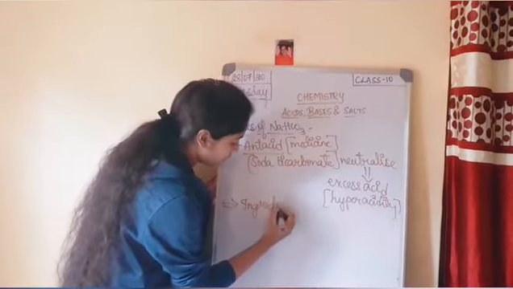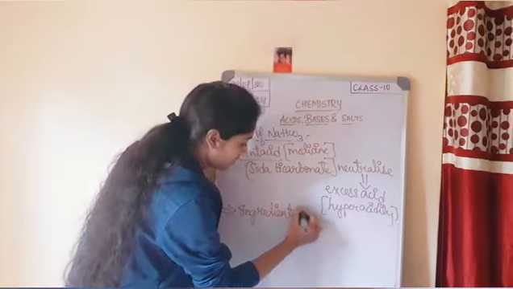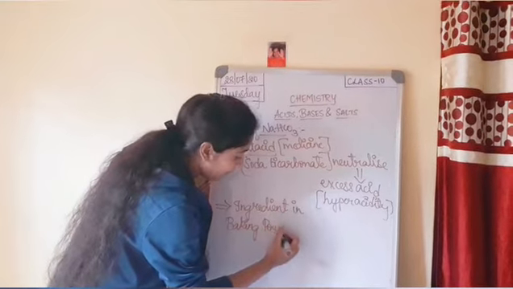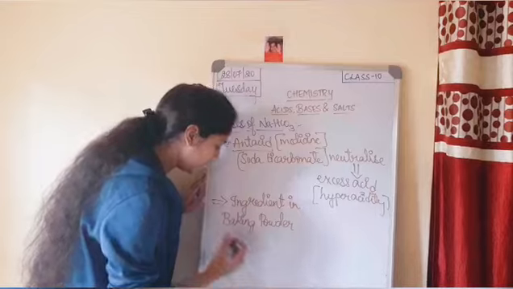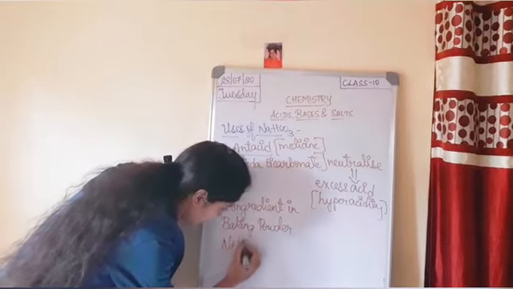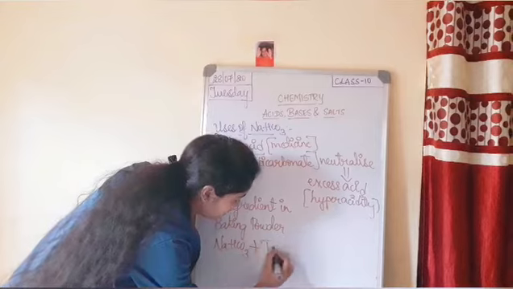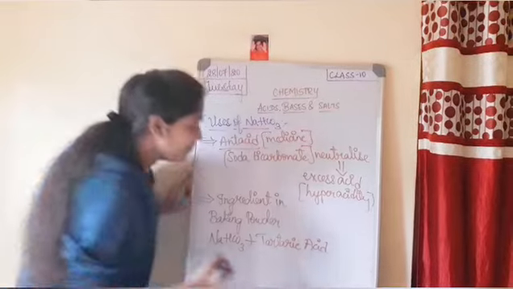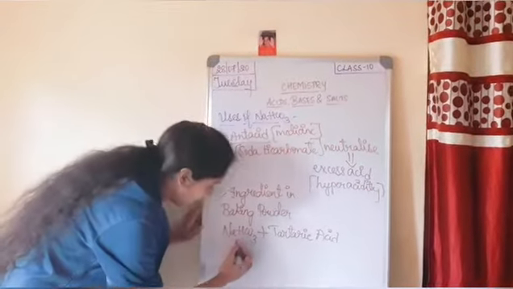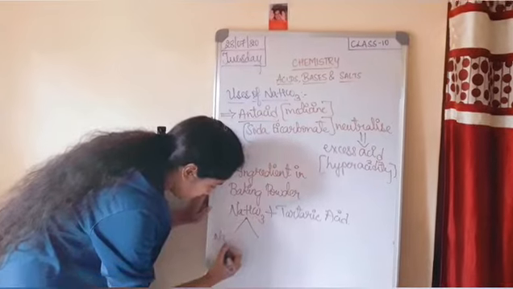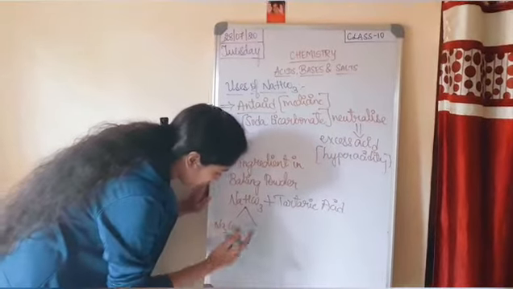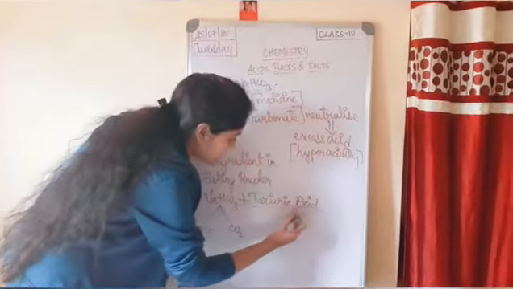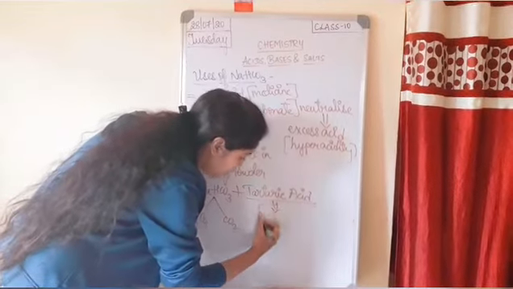Next, baking soda is used as an ingredient in baking powder, where baking soda is added along with tartaric acid. Now, when baking soda is heated, it decomposes to form sodium carbonate and carbon dioxide.